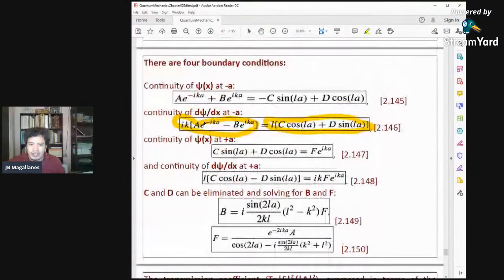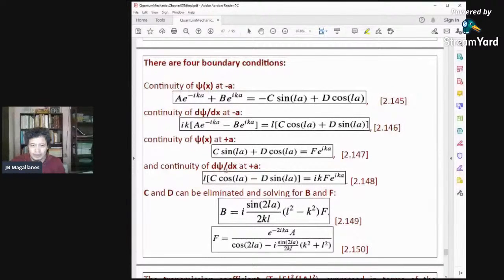And then phi(x) would also have to be continuous at positive a. So this one is the expression that's going to be derived. And the continuity at positive a also of the derivative of phi with respect to x.